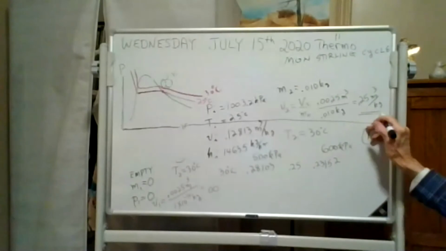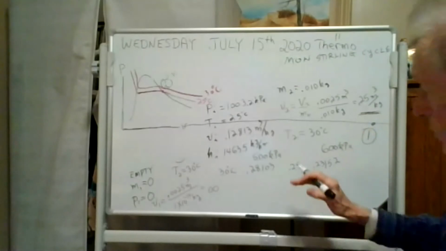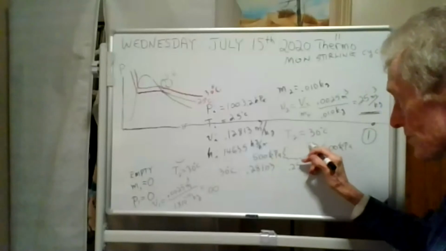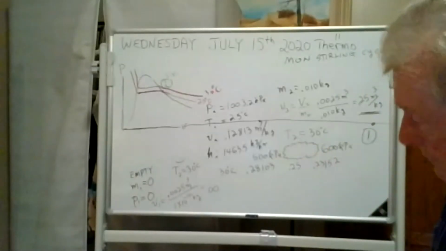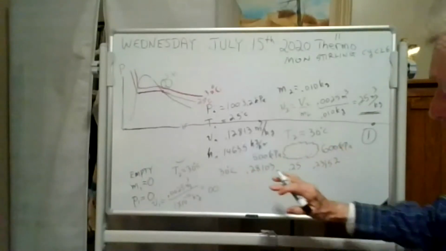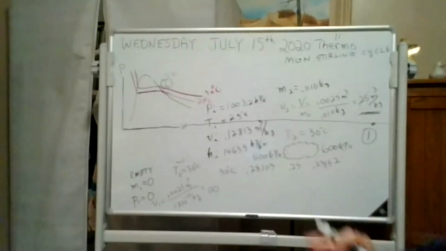We know the specific volume at state 2 is 0.25. So we can find the pressure by interpolating between 500 and 600. We know it's between 500 and 600 because 0.25 is between 0.28 and 0.23.